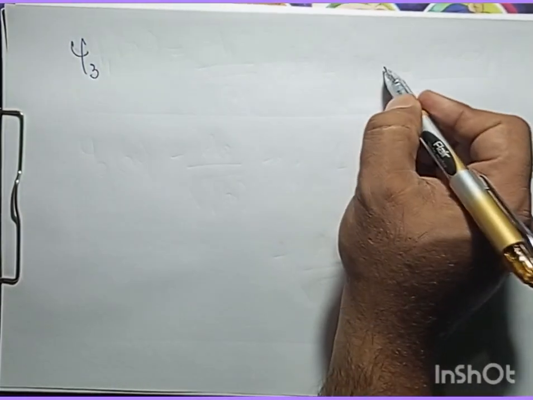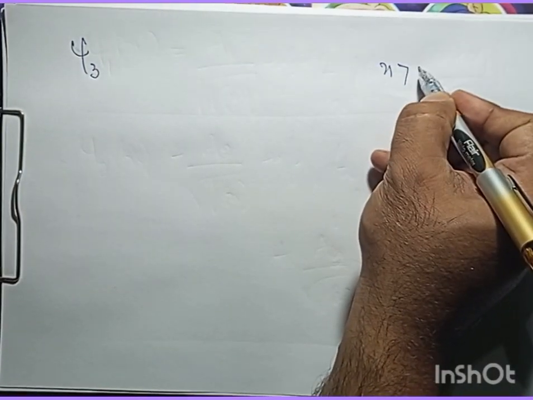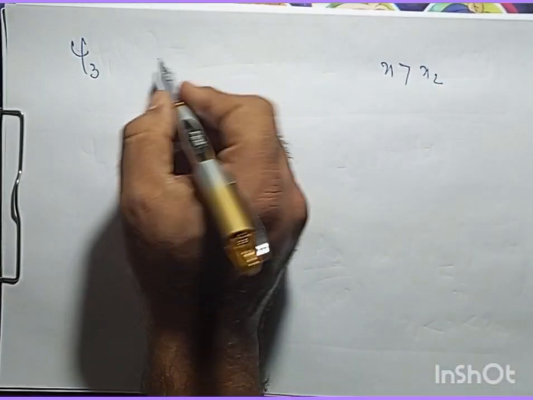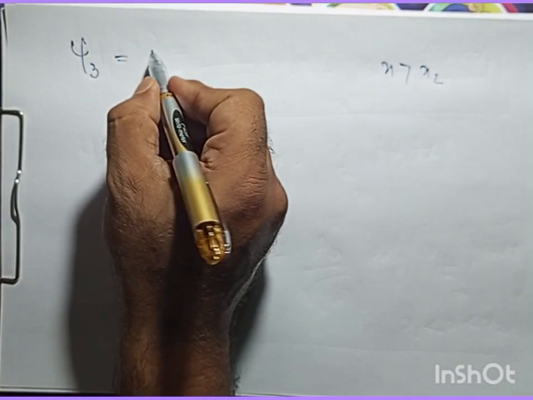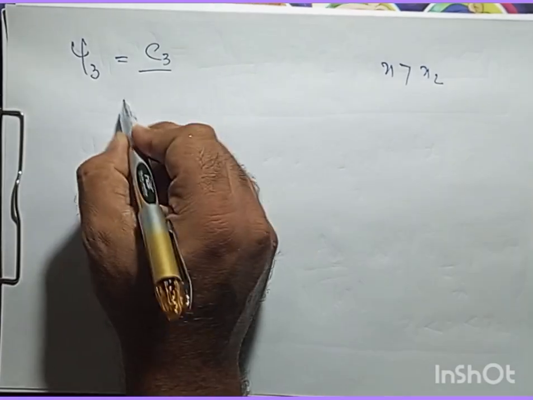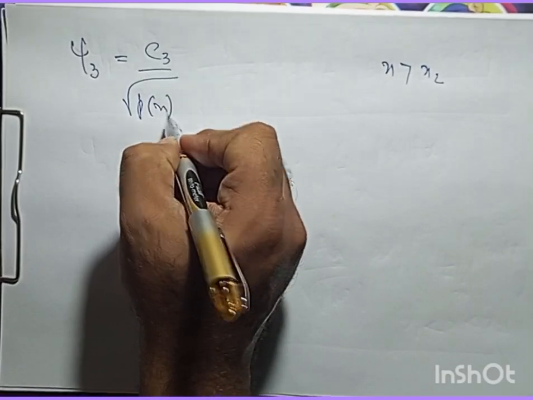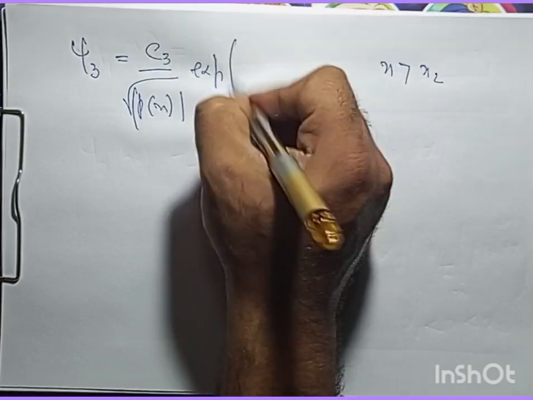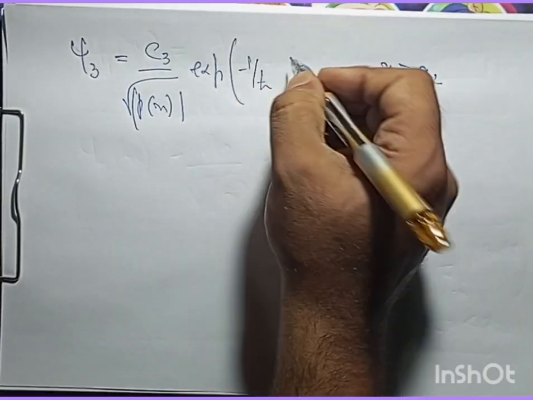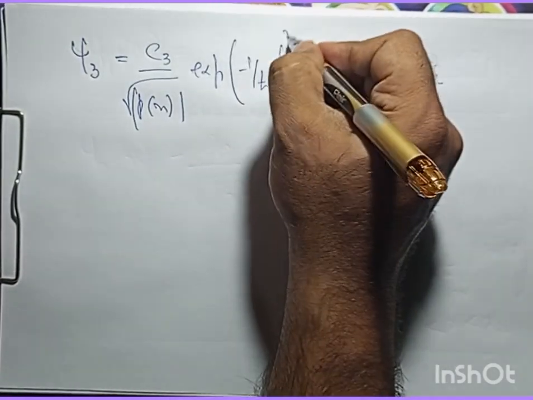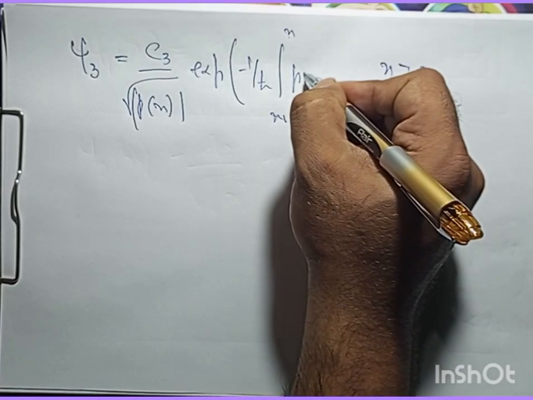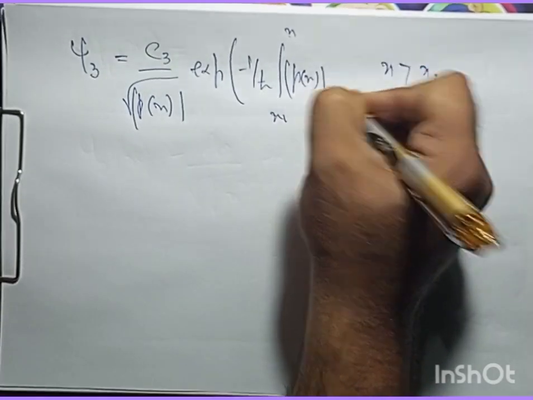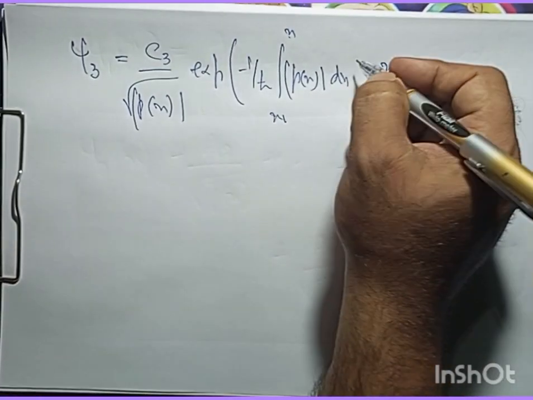So psi 3 will be for x greater than x2, and in this case I'll take psi 3 as c3 by under root of the magnitude of p of x, then exp times minus 1 by h bar integral x2 to x, magnitude of p of x dx.